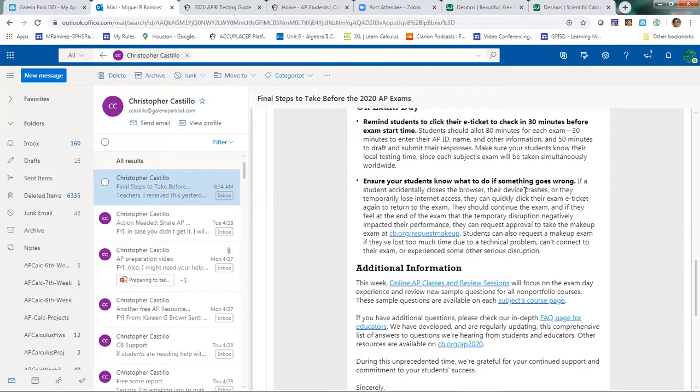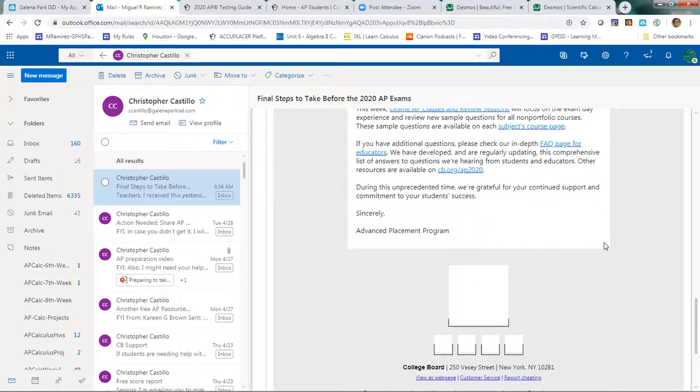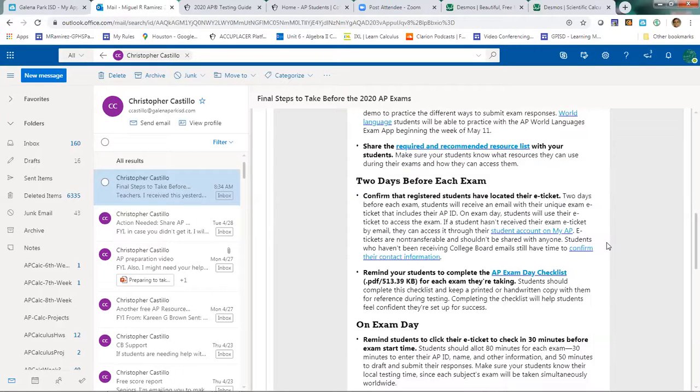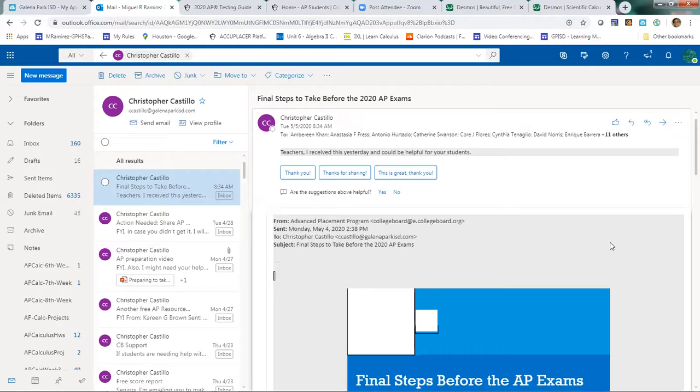Ensure your students know what to do if something goes wrong: a student accidentally closes the browser, the device crashes, or they temporarily lose internet access. They can quickly click their exam e-ticket again to return to the exam. There is more information here. So it's next Tuesday. We don't have too much time.